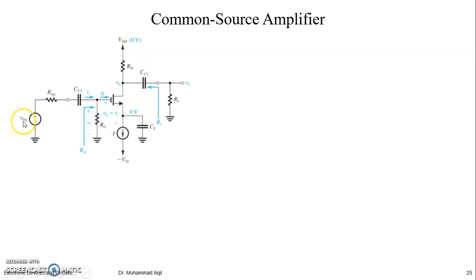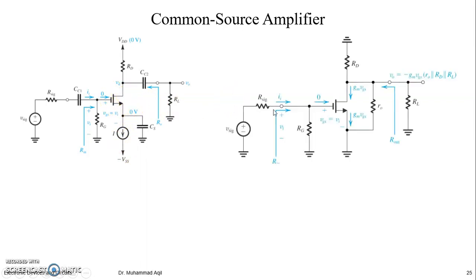So the AC signal is applied at the gate with respect to the source, and the output is taken at the drain with respect to the source, right? So it's a common source amplifier. And because there is no source resistance, it is better to use the pi model.